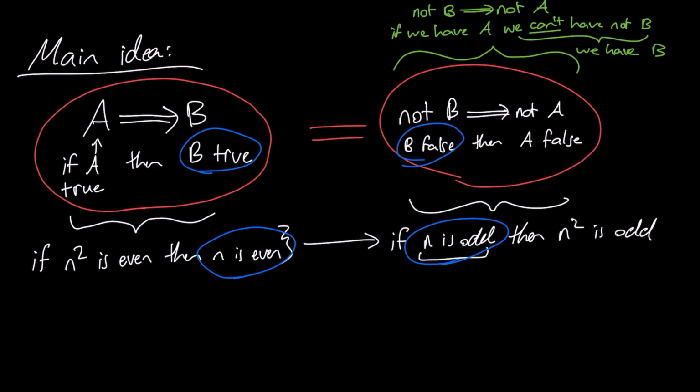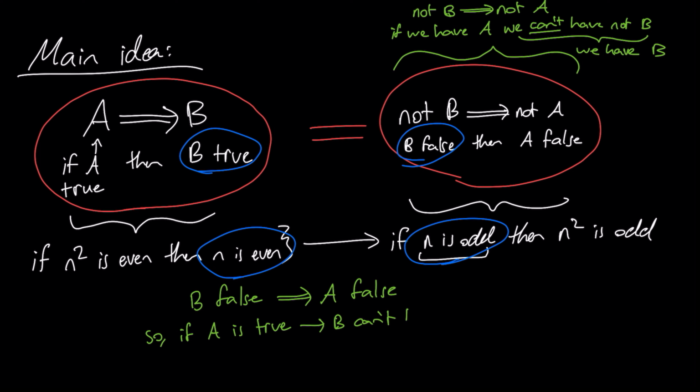Let me write that out in one more way just in case, because this is a subtle idea and it can take a bit to get. So B false implies A false. So if A is true, B can't be false.